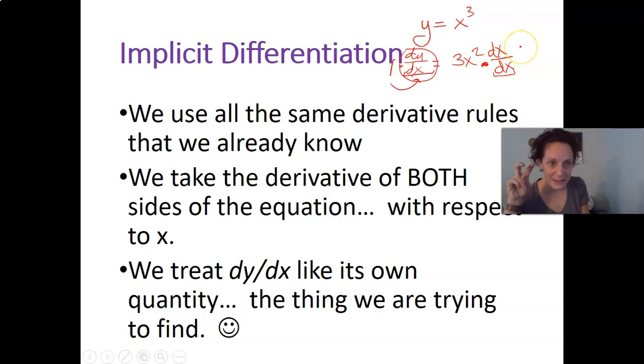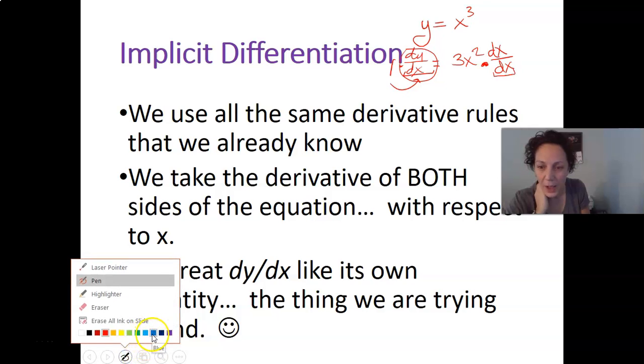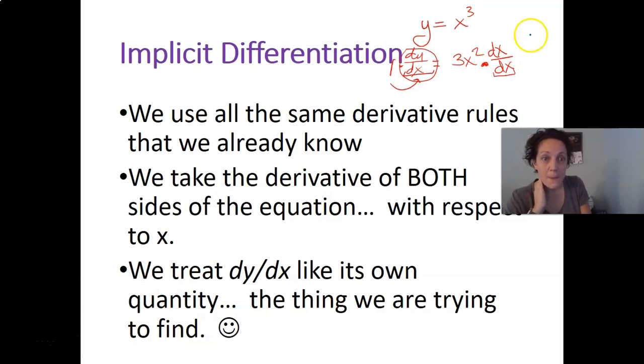That's the implicit piece. Now look, here's the thing. Like I said, you've been doing this all along. Every time you had a function that was y in terms of x, when you took the derivative on this side, this derivative was always 1, so why write it? We didn't.